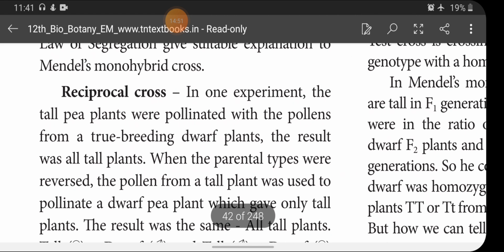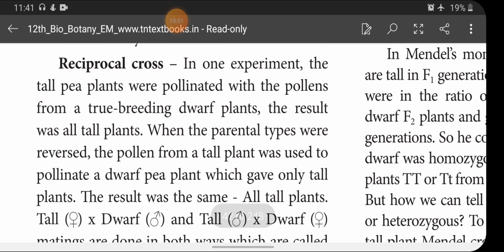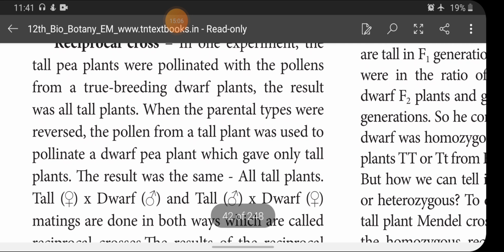What is a reciprocal cross? In one experiment, the tall pea plant was pollinated with the pollen from a true breeding dwarf plant. The result was all tall plants in F1. When the parental types, whether it is a homozygous tall or homozygous recessive, were reversed, the pollen from a tall plant was used to pollinate a dwarf plant, which gave only tall plants.